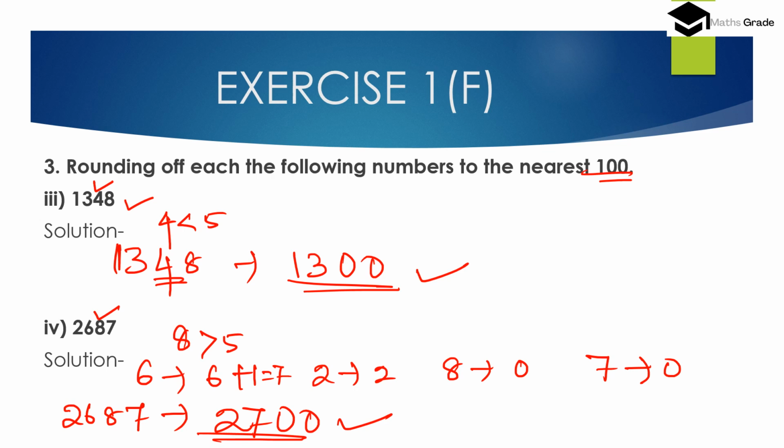Now 2687 rounded to the nearest hundred will be 2700, and 1348 rounded to the nearest hundred is 1300. So 1348 rounded to the nearest hundred is 1300, and 2687 rounded to the nearest hundred is 2700.